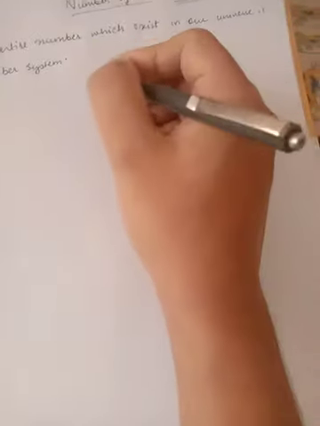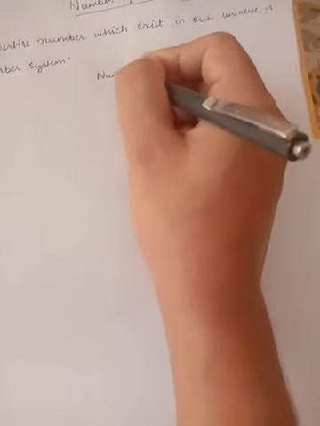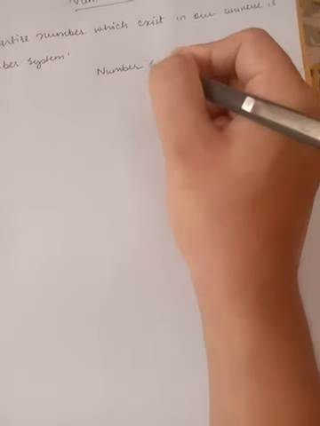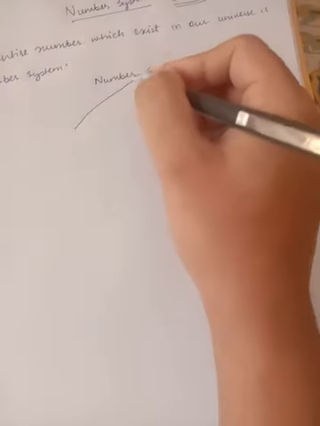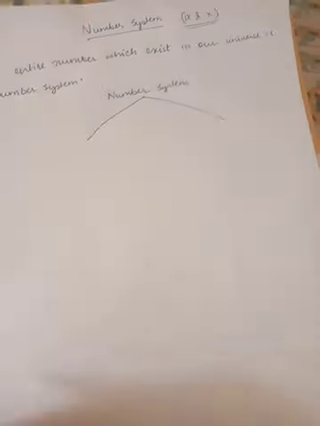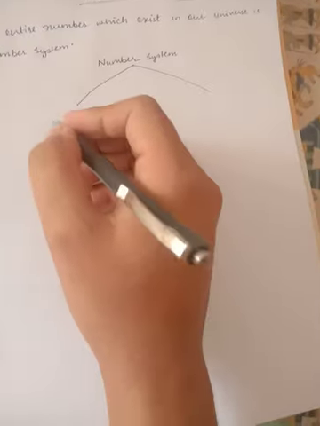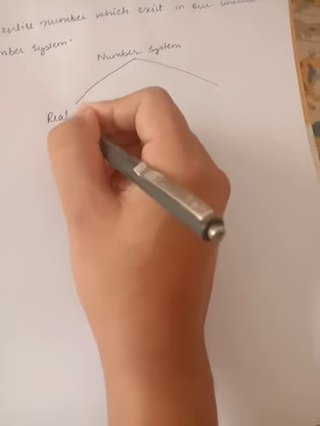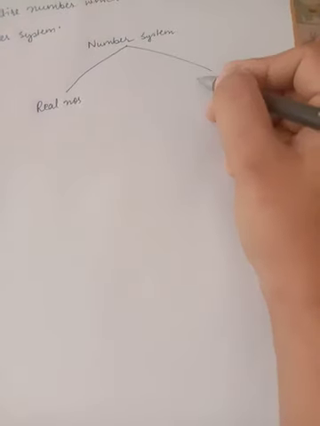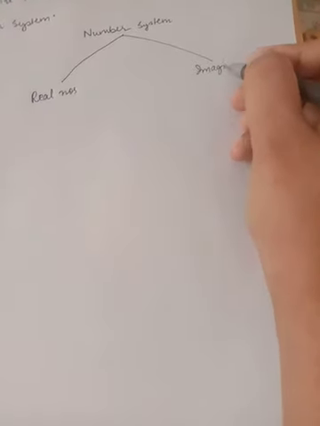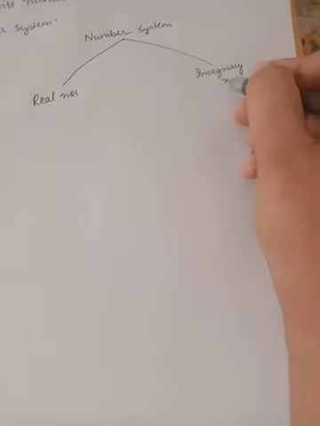Basically, we can divide the number system in two parts. One part is real numbers and another is imaginary numbers.